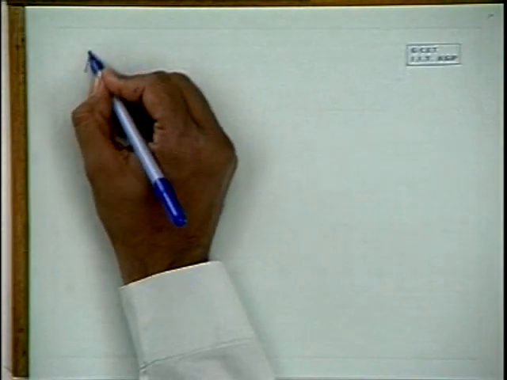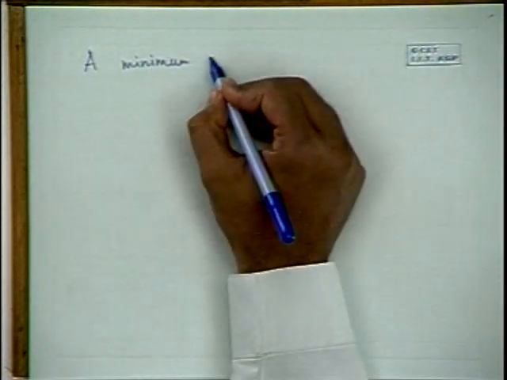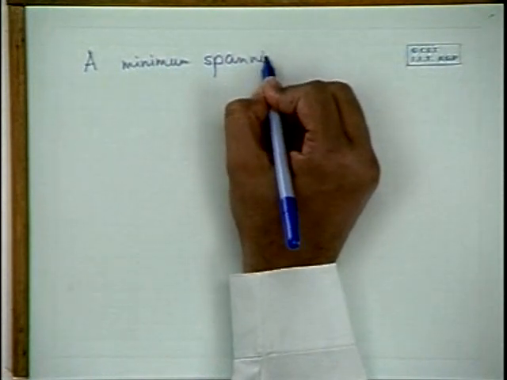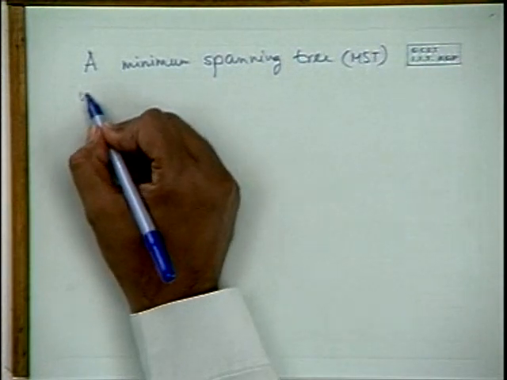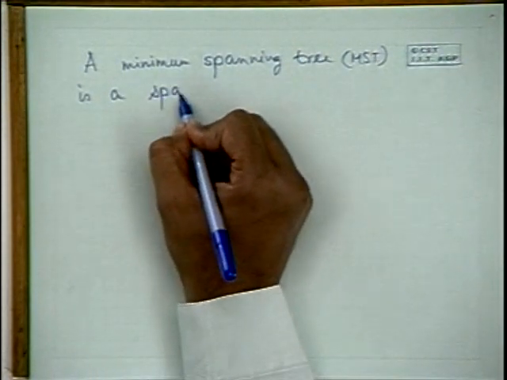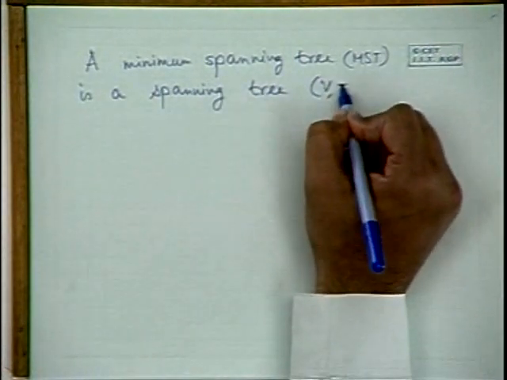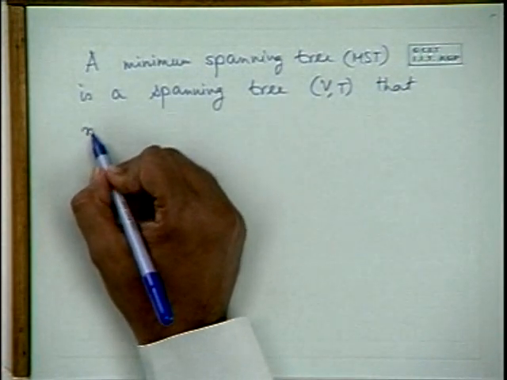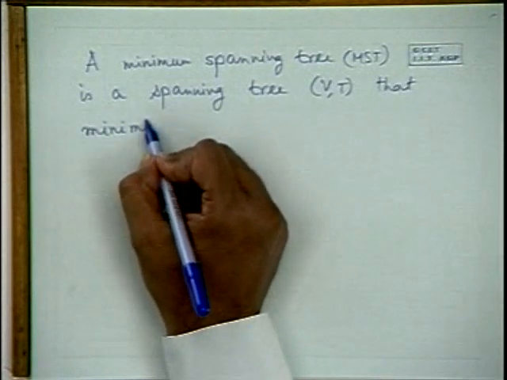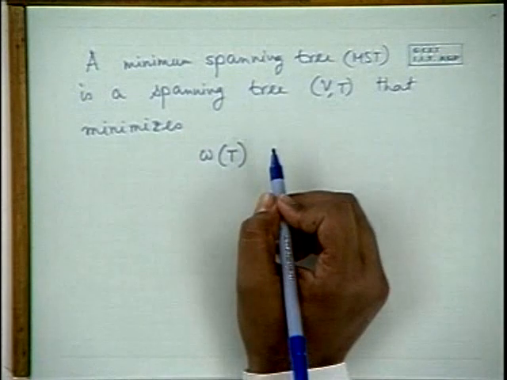And what is a minimum spanning tree? A minimum spanning tree, MST, is a spanning tree (V, T) that minimizes the total edge weights. That minimizes W of T. What is the weight of that spanning tree?